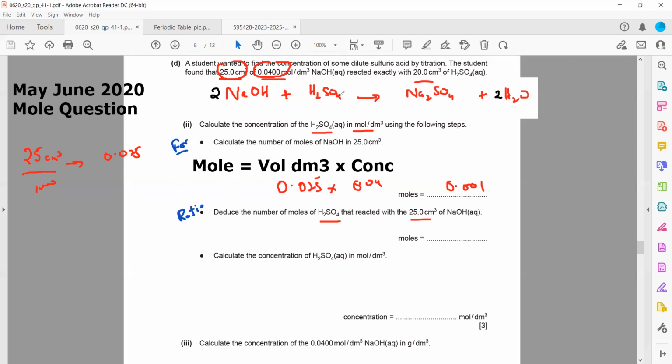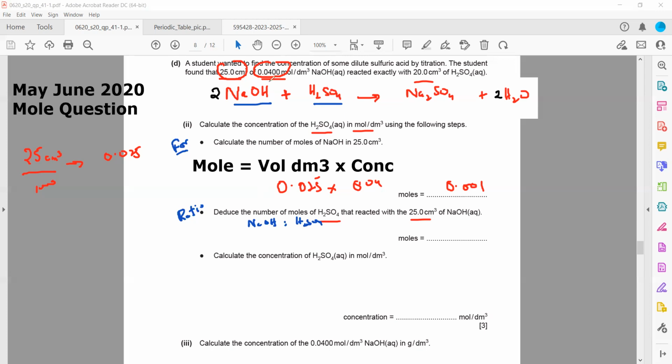In the question, I need sulfuric acid. I don't have anything about sodium sulfate, Na2SO4. I have sodium hydroxide and I have sulfuric acid. That's why I'm taking a ratio between sodium hydroxide and sulfuric acid. If I had anything related to sodium sulfate, then I would take the ratio between Na2SO4 and H2SO4.